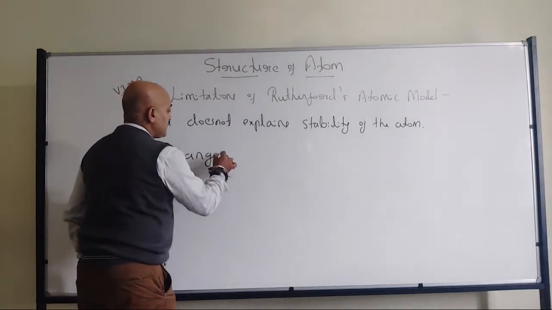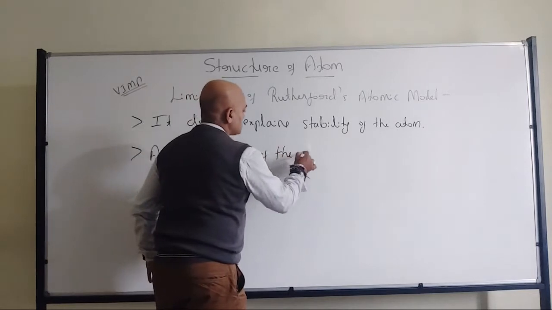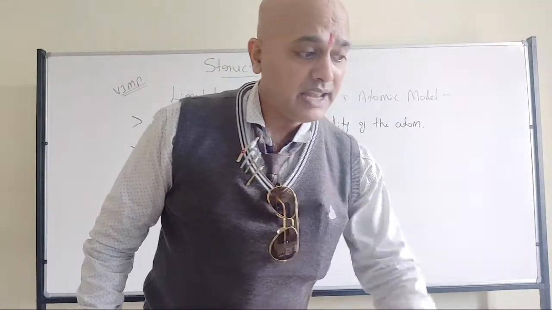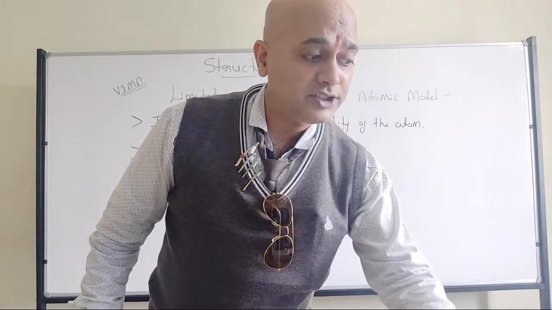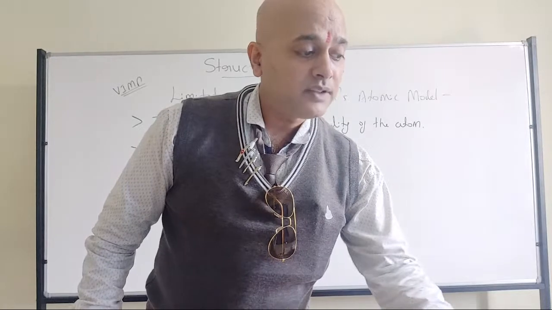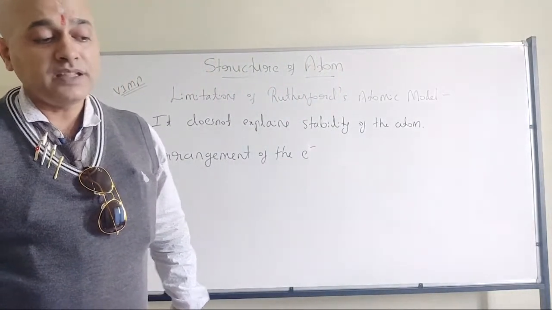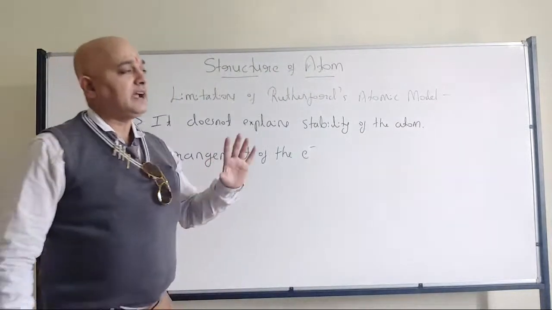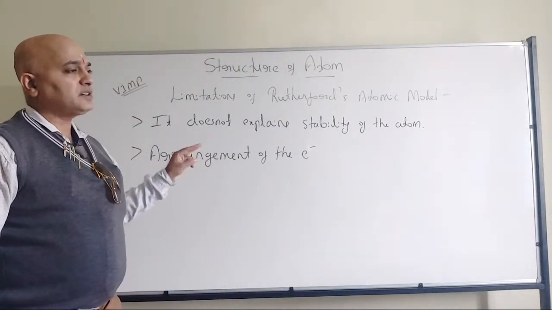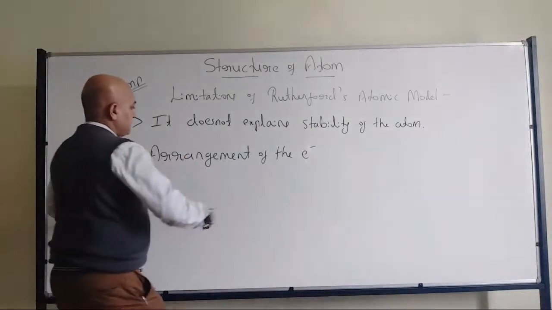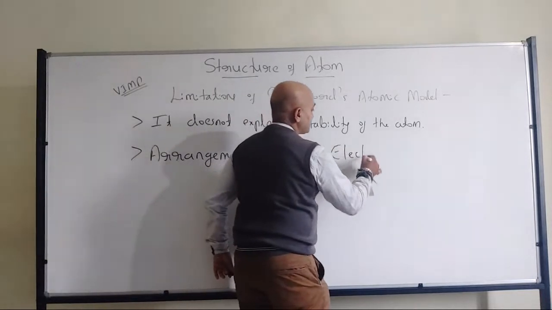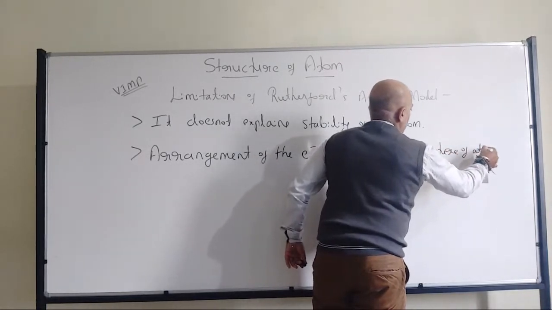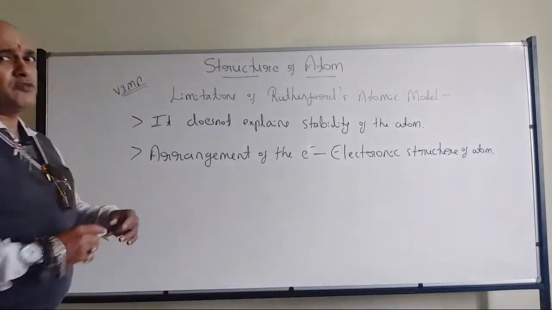An atom can have more than one electron, so how are they arranged? That is not explained by Rutherford. Or we can use the word arrangement of electrons, or we can say he has not explained the electronic structure of the atom. So arrangement of electrons and electronic structure are all the same.